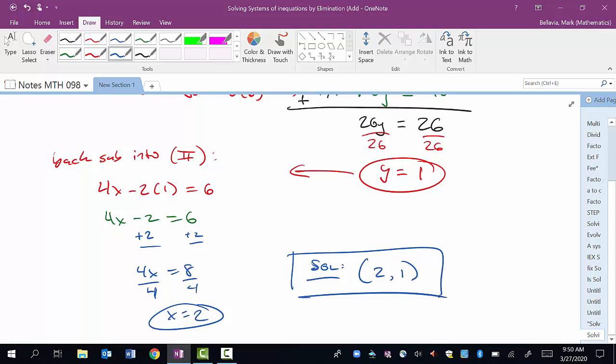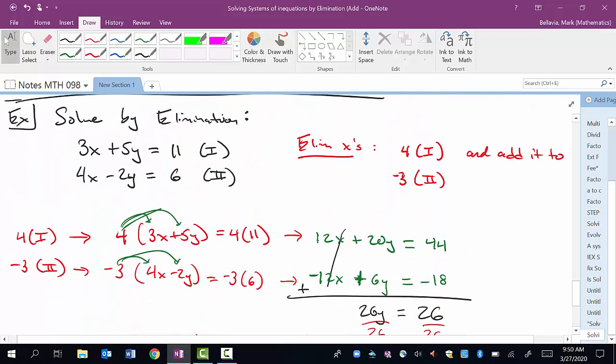So we chose to eliminate x's. In this case, you had to multiply both equations by a constant in order to make these eliminate. Just make sure that whatever you're eliminating, they have opposite signs but with the same value in front. Suppose you wanted to eliminate y's first instead. You could have. Looking at this, there is a positive 5y in equation 1 and a negative 2y in the second equation. You want to make these look like the same value in front, but with opposite signs. The easiest way to think about it is like finding an LCD.